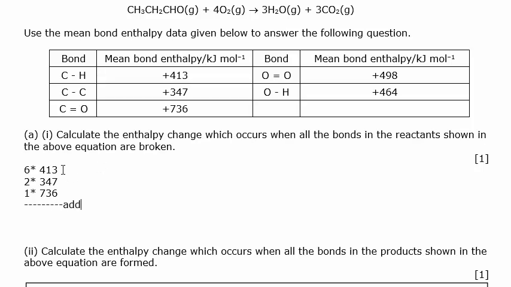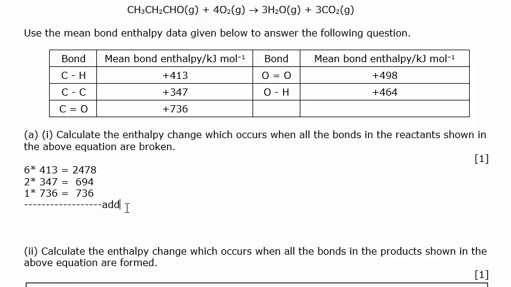Well, perhaps we'll work them out first, then we'll add them together, shall we? 6 times 413. 413 times 6. That comes to 2478. 2 times 347. 347 times 2 equals 694. Let's get them aligned. And 1 times 736. Well, that's pretty difficult, isn't it? Comes to 736. Now we're going to add all of these together.